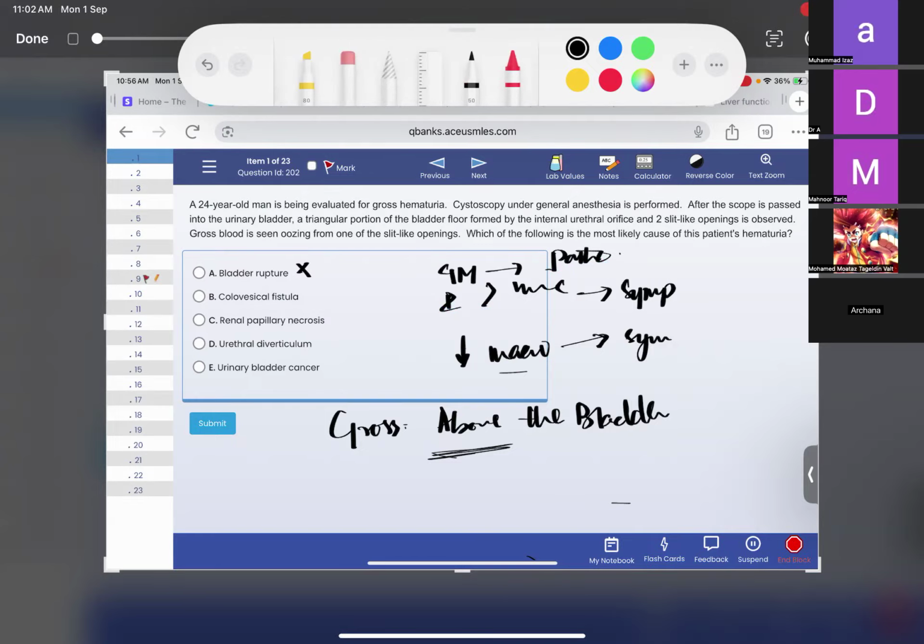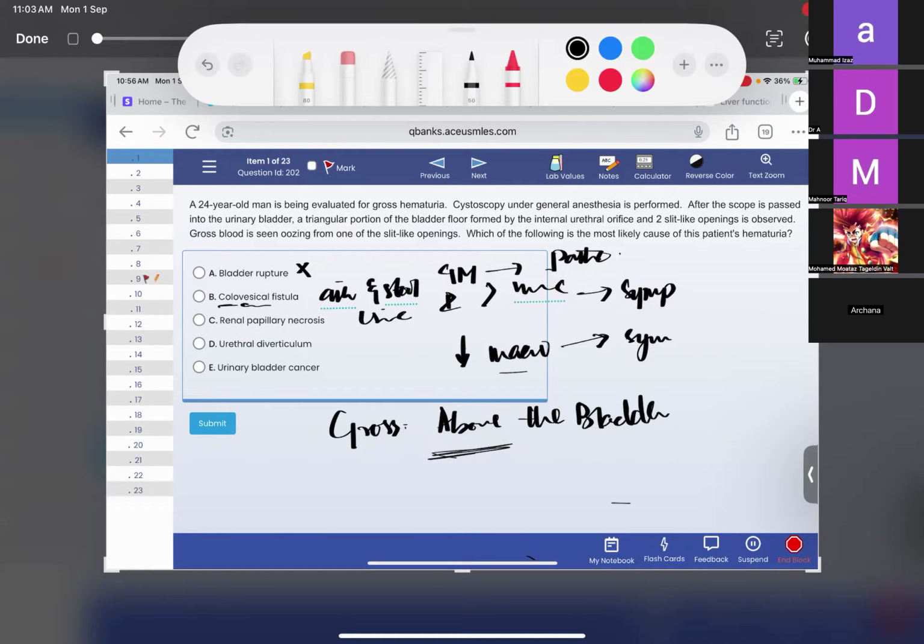The other option is colovesical fistula. What is a colovesical fistula, anyone? Between the colon and the bladder. Yes. If we have a fistula, we will see air bubbles and stool within the urine, along with hematuria.